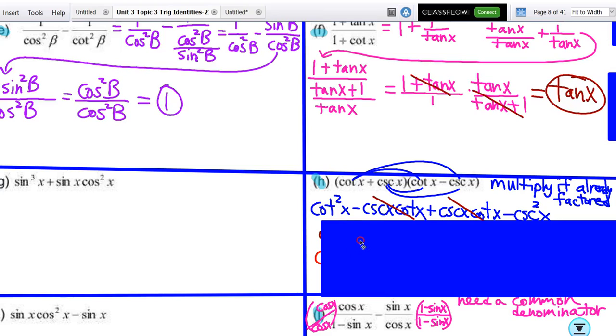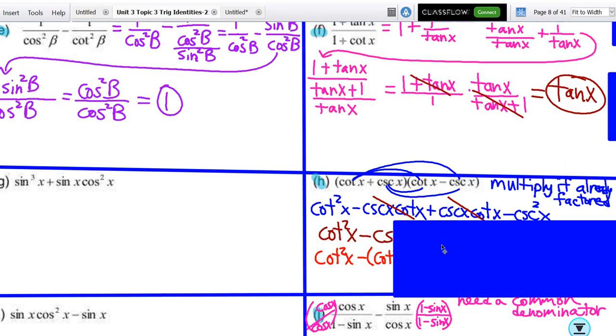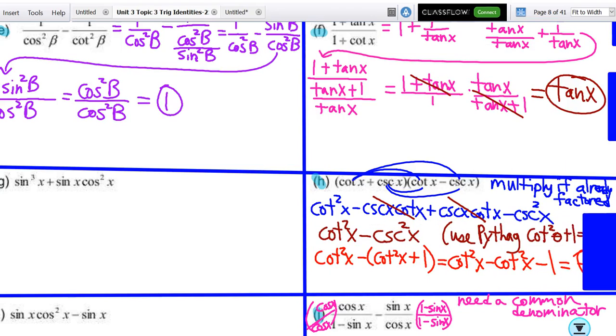When there is no middle term, all I have left is cotan squared x minus cosecant squared x. And because I have that, I can use my Pythagorean identity of cotan squared x plus 1 equals cosecant squared x.